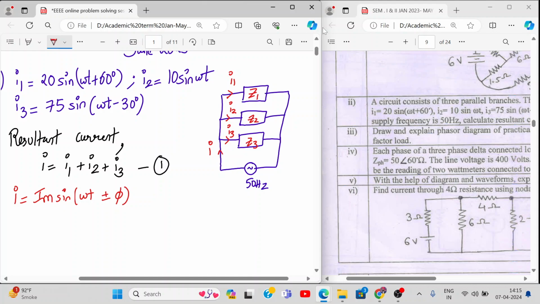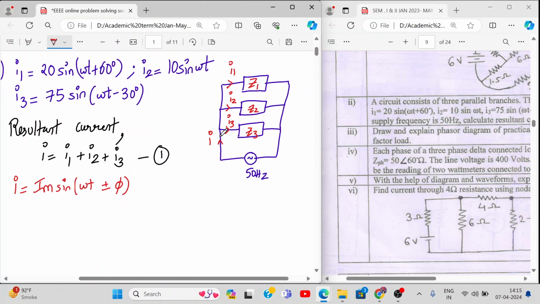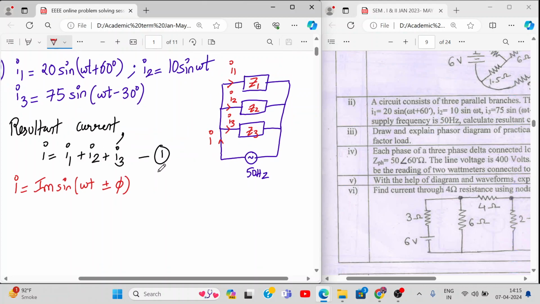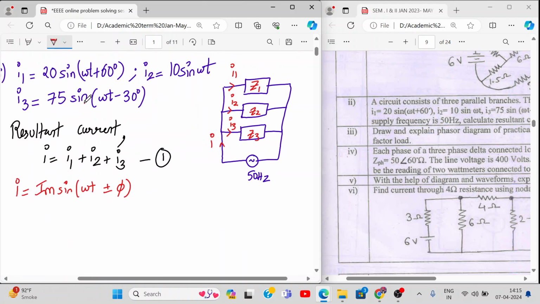Now we need to convert this standard form into its polar and then rectangular form, because we cannot add them in the standard form. So how will you convert this into rectangular form?